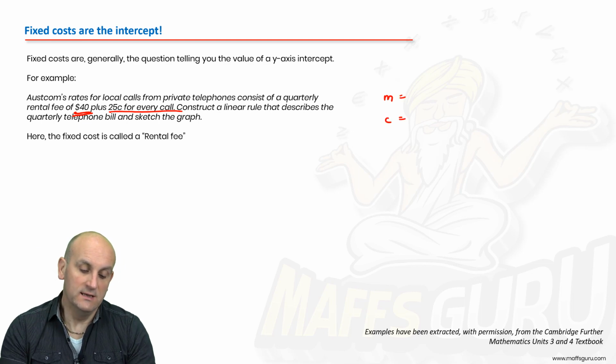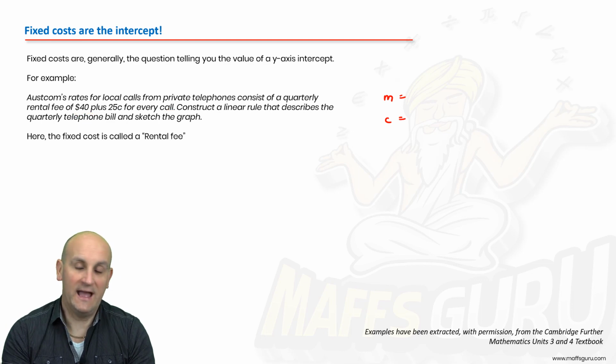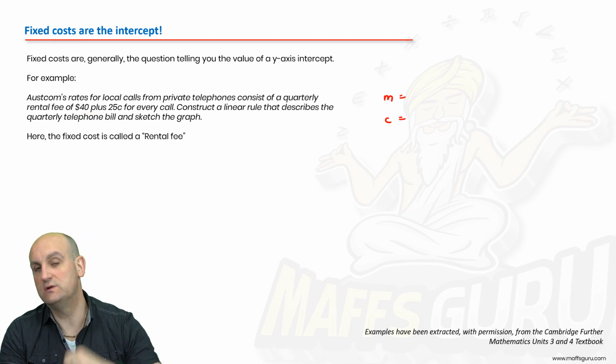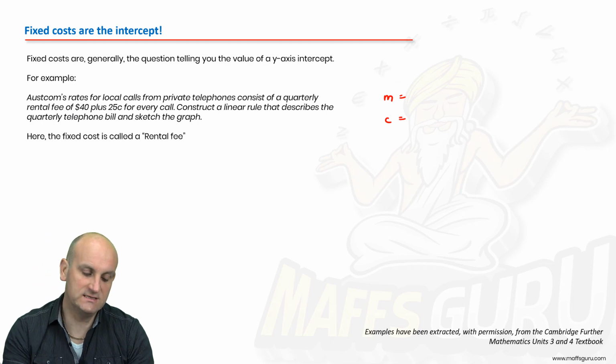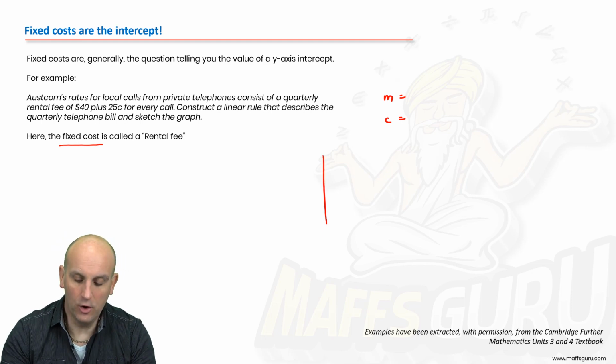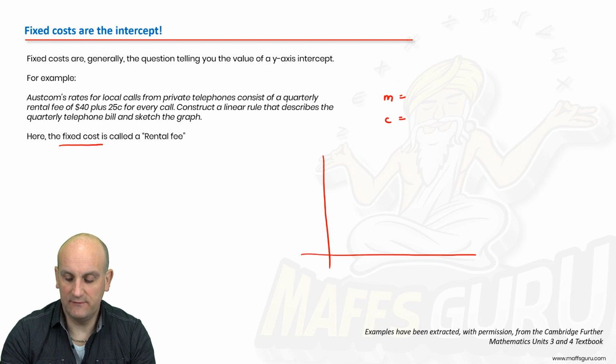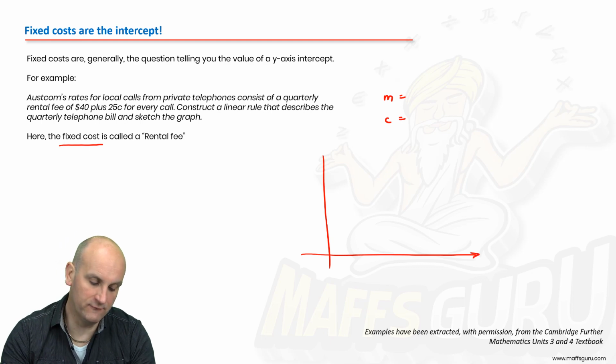It says construct a linear rule that describes the quarterly telephone bill and sketch the graph. So the first thing is we've got to get the equation and then we're going to sketch the graph. All right, so as I say here, the fixed cost is called the rental fee. Basically, long story short, I've got my number of calls, and up here I'm going to have my cost.